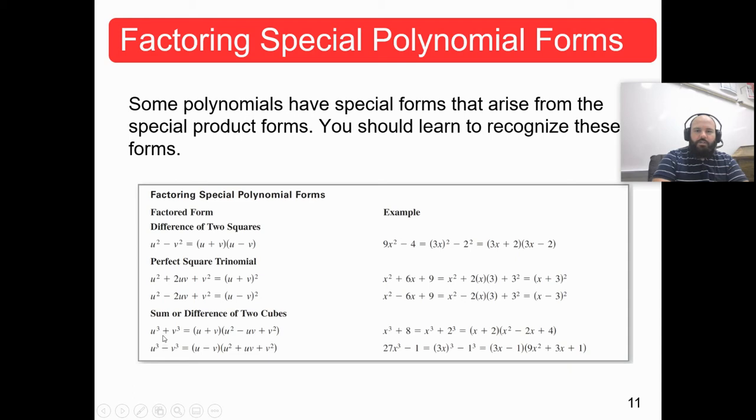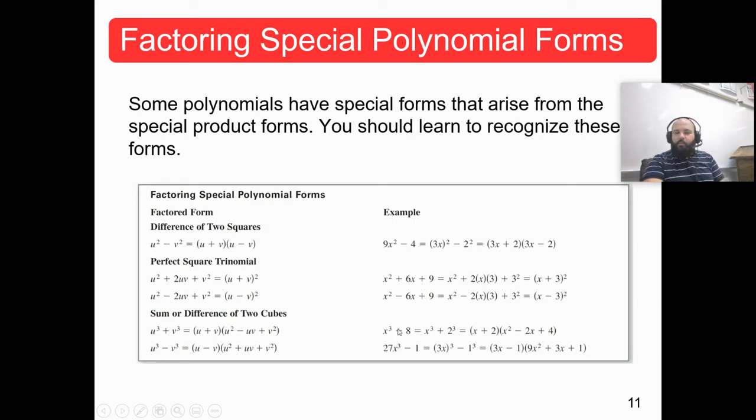This one shows us how to factor a sum of two cubes as well as a difference of two cubes. Up here, it's just the difference of two squares, which are two things being squared. It has to be subtraction in order to factor this. For the cubes, for the third power, that is not the case. It can be addition or subtraction, and we are able to factor this.